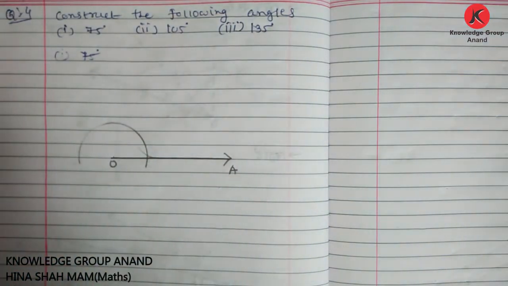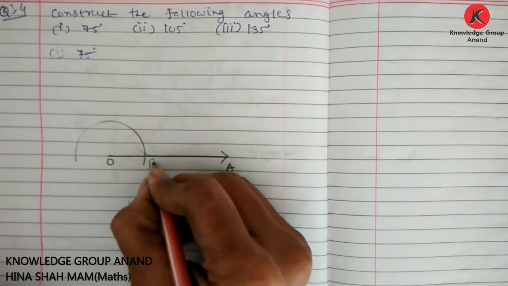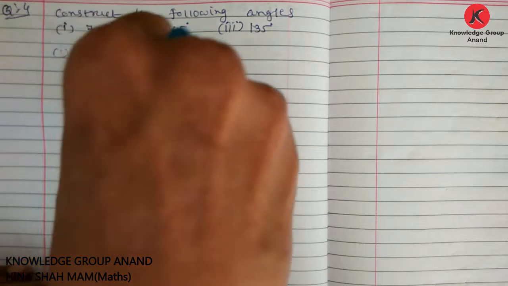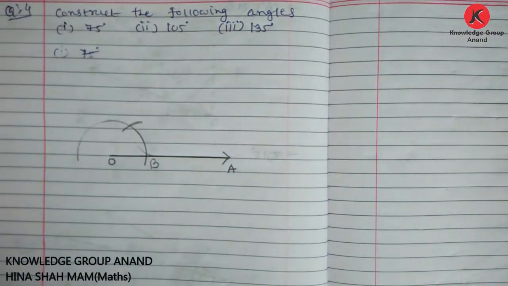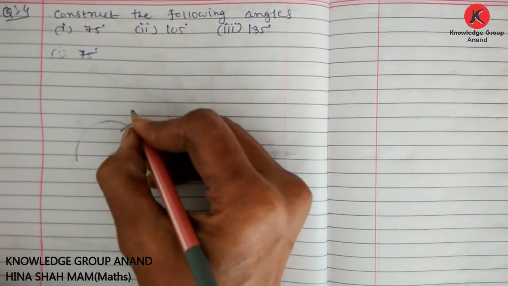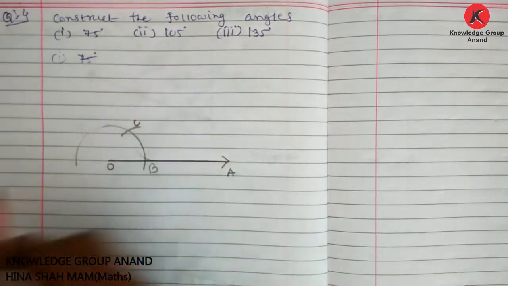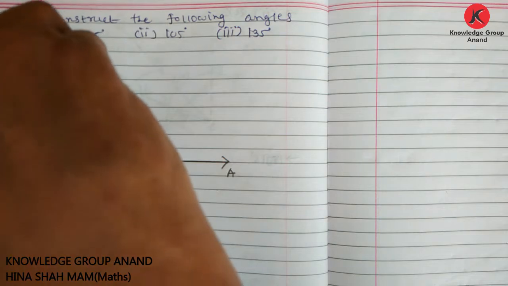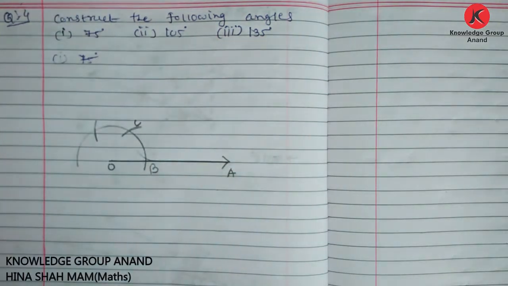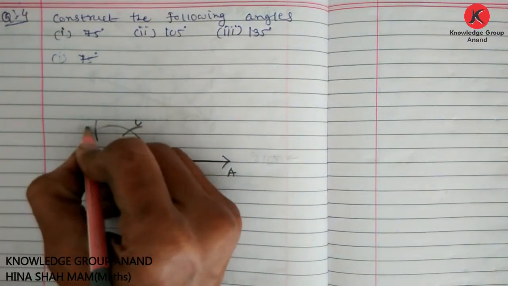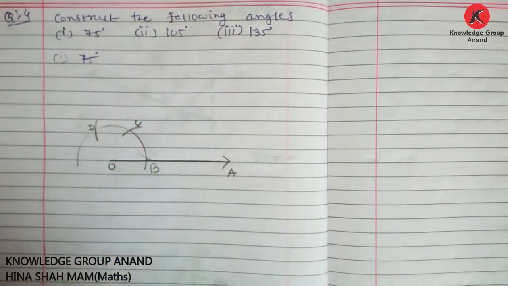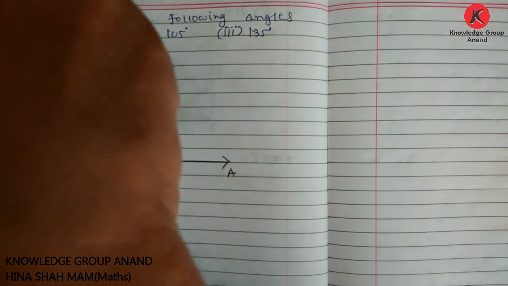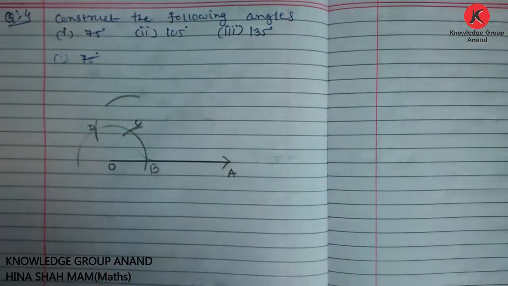It intersects at B. Taking B as center and the same radius, we draw an arc which intersects the circle again at C. Now we draw point D. Now construct angle 90 between 60 and 120.